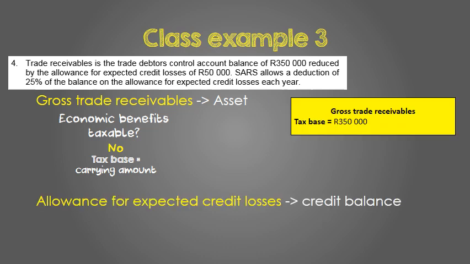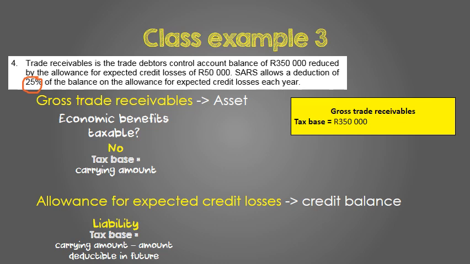With regard to the allowance for expected credit losses, that is a credit balance. So we will have to look at the tax base of a liability. Now, the tax base of a liability is the carrying amount less the amount that will be deductible in future. So we know that we have already received 25% of the balance as a deduction in the current year.